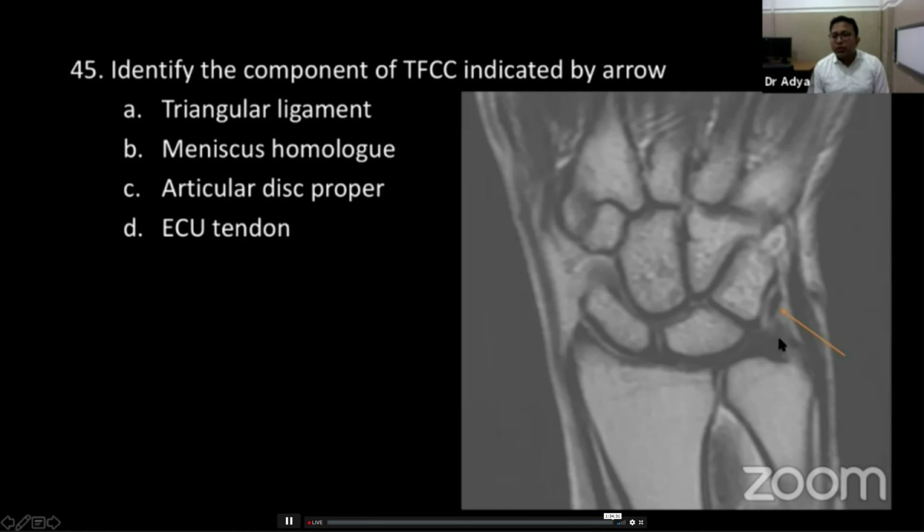This should not be confused with a tear, and subsequently this is the meniscus homologue, reinforced by the extensor carpi ulnaris. Now the dorsal radioulnar ligament and the volar radioulnar ligament we can find on scrolling from the dorsal surface to the volar surface. So the correct answer is meniscus homologue.